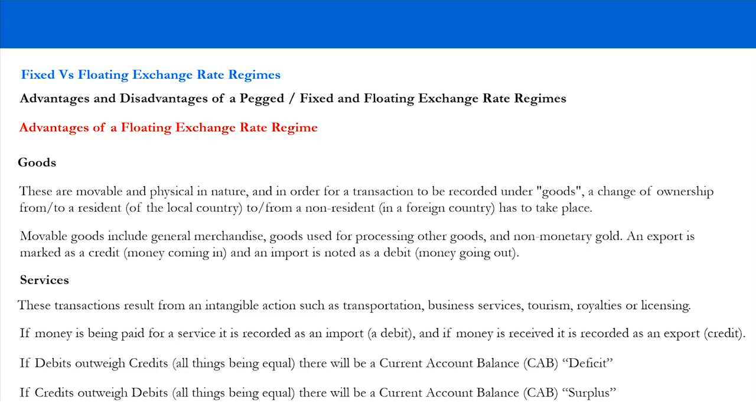And if debits outweigh credits, so imports outweigh exports, there's going to be a deficit of payments. And vice versa. If credits outweigh debits, there will be a current account balance surplus. So we treat goods and services in the same way because really, regardless of whether it's a good or a service, it's just a debit or a credit in the current account balance.